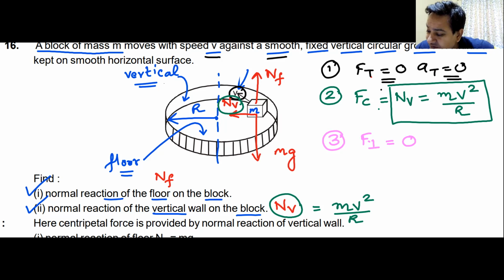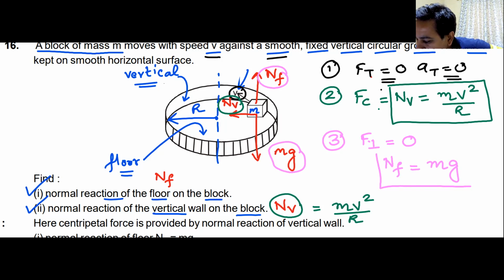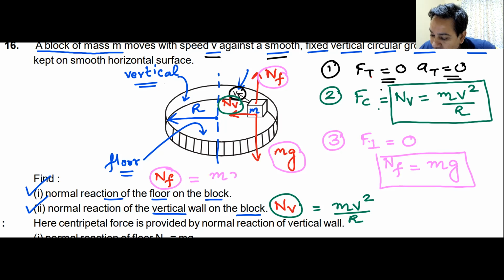There are only two forces here: one is your N_F and the other is your mg. They must equate. So N_F should be equal to mg, and this sums up the first part of my question.